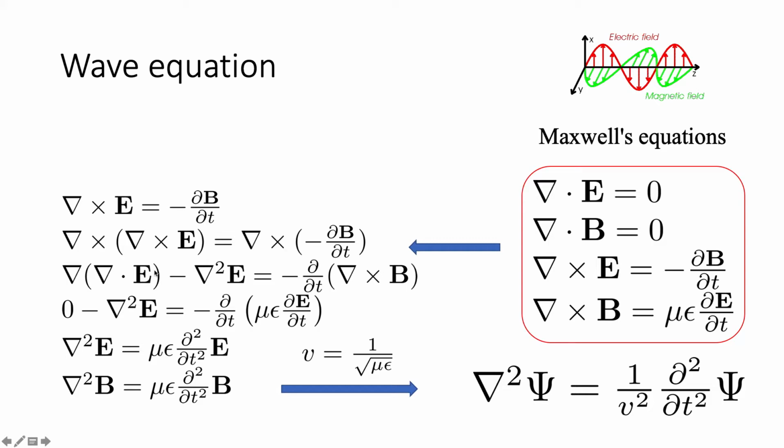In a source-free region, the divergence of the field will be 0 here. So this part is 0. The gradient of the divergence of the vector field is 0. Then we set v equals 1 over the square root of mu epsilon, and we get the wave equation just like mentioned before.